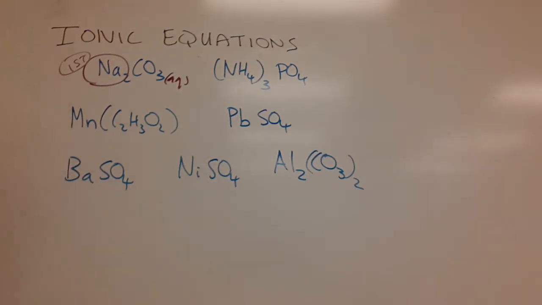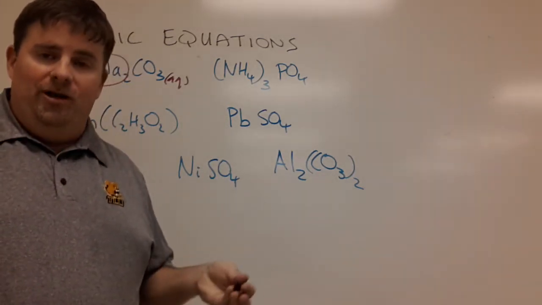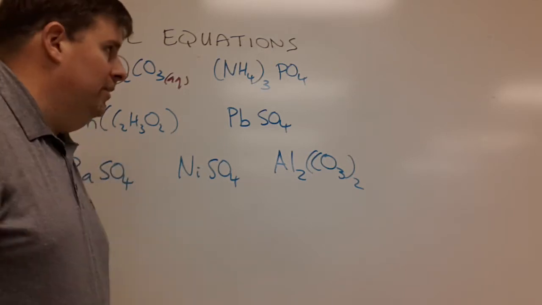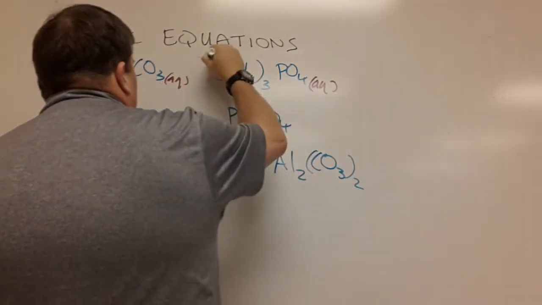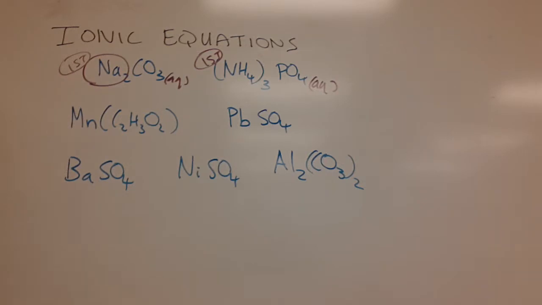Okay? What about ammonium phosphate? Well, if you remember the first rule from the previous part of the video, ammonium, NH4 plus, is one of those soluble ions as well. So I got a hit on my first table, I got my first bubble on the flow chart, and that's going to be an aqueous system as well. Now what over here?